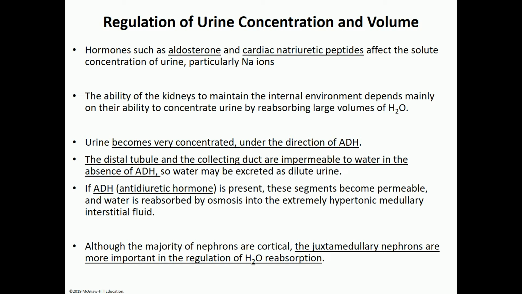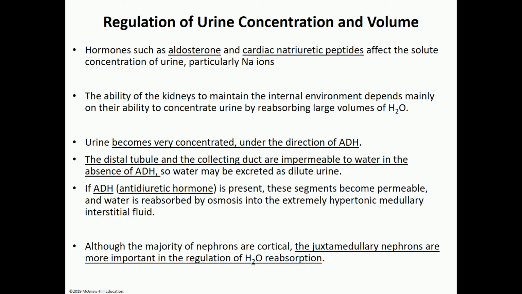Now, the function of ADH, antidiuretic hormone. If you remember, that hormone was made in the hypothalamus and released from the posterior pituitary. The ADH is going to be released in response to high blood osmolality, meaning that there is just too much salt in our blood. Okay, so let us get a background on the effect of ADH on the distal tubules and the collecting ducts.